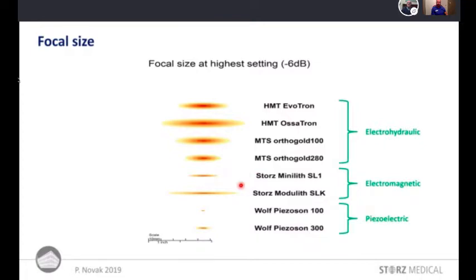On the other hand, with the electromagnetic devices, the focal area is much narrower and typically also shorter, compared to other devices. And finally, the piezoelectric devices have a very small focal area, as you can see here. It seems to be an advantage having a very precise shockwave focal area, but of course, it makes it much more difficult to hit the right target.